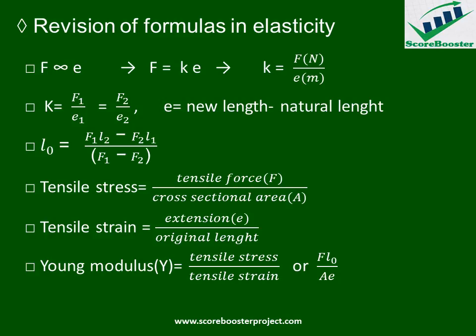E1 is the extension got as a result of F1, while E2 is the extension got as a result of F2. Also, we derived the formula for calculating the original length or natural length of an elastic material, and that is given to be L0 equals (F1 L2 minus F2 L1) over (F1 minus F2).